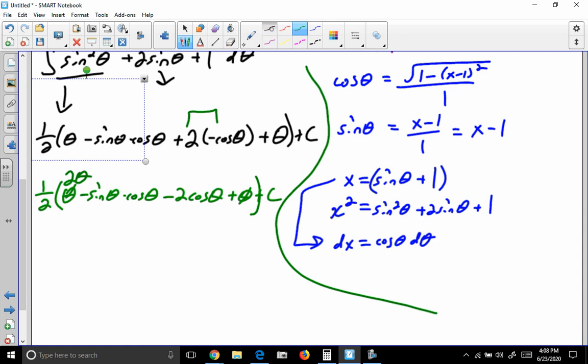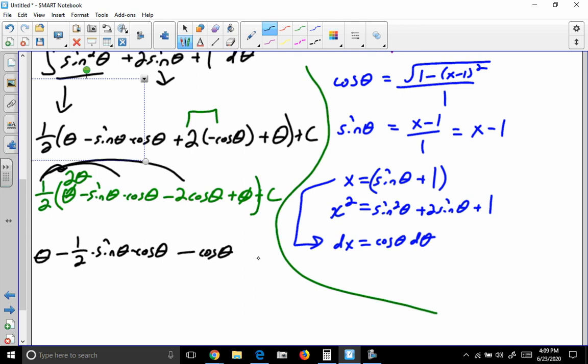So let's do this: 1/2 times sine times cosine, and then if we multiply the 1/2 times 2, that cancels, and that's cosine. So we just distribute our 1/2 to each of those. Now using our triangle, we just need to replace sine, cosine, and theta.